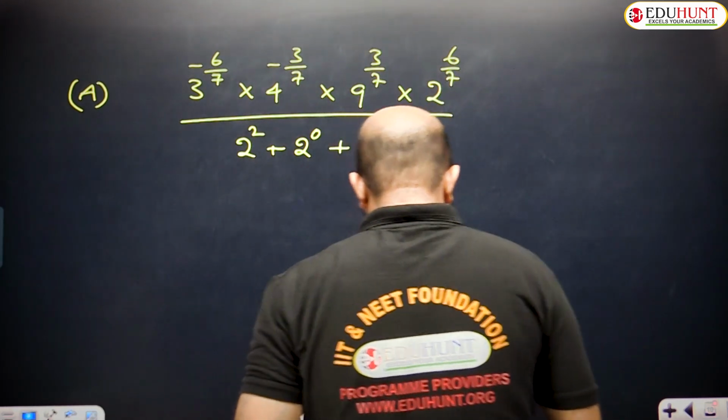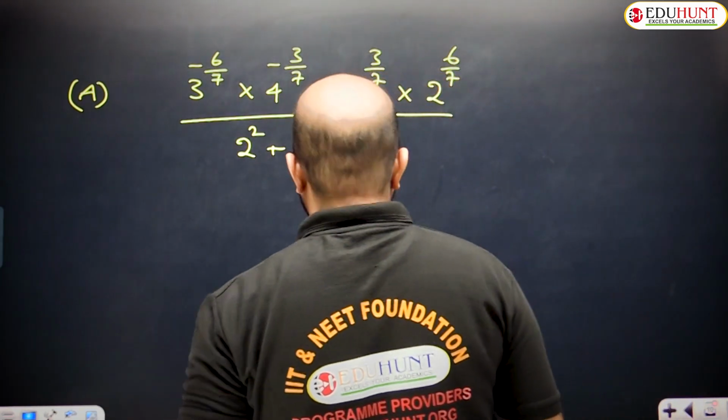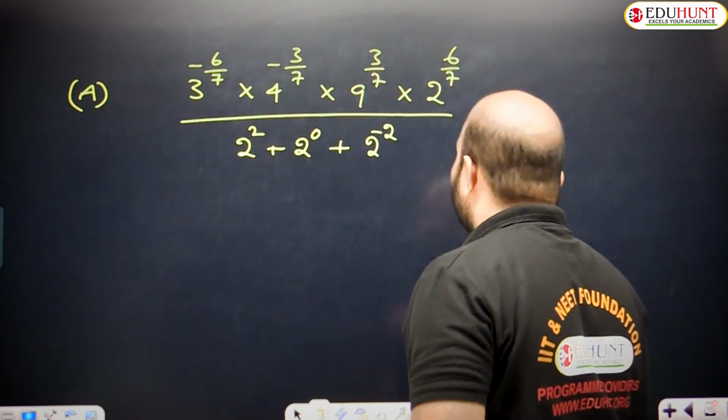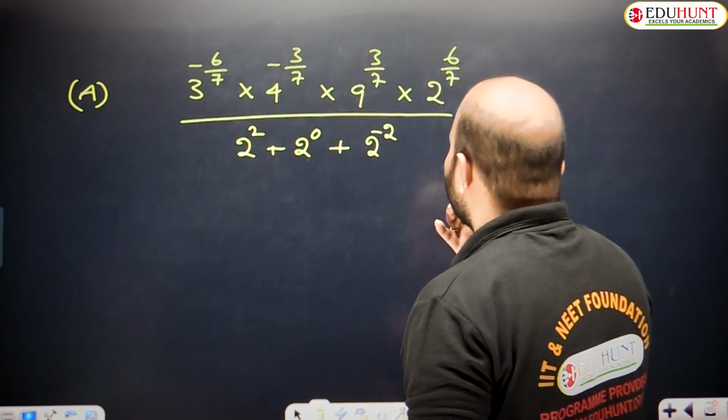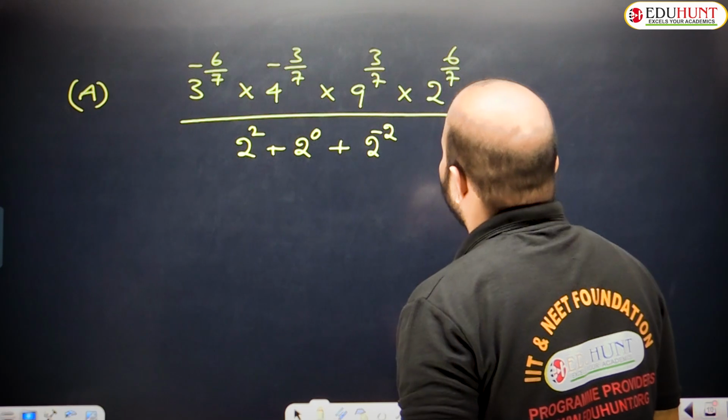Am I clear? 3 power minus 6 by 7, 4 power minus 3 by 7, 9 power 3 by 7 into 2 power 6 by 7, whole divided by 2 square plus 2 power 0 plus 2 power minus 2.